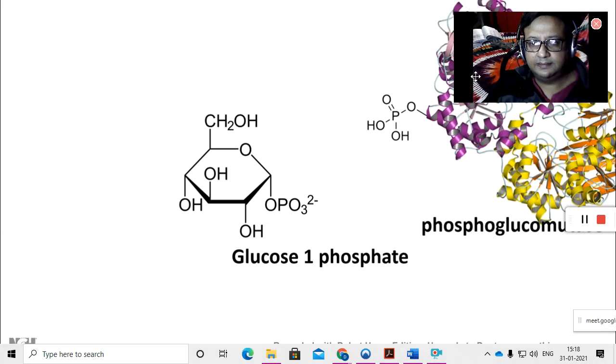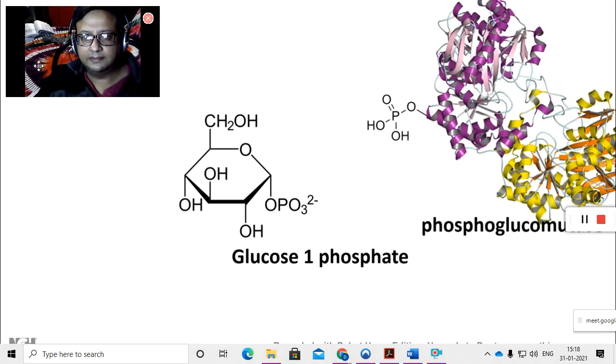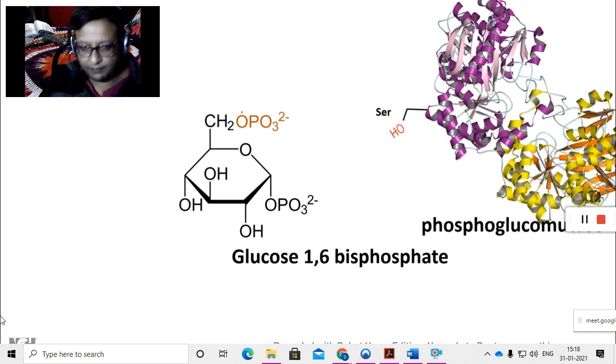Now phosphoglucomutase has a phosphate group. Now this phosphoglucomutase is getting a nucleophilic attack from the oxygen which is attached to the carbon number 6 in the glucose 1 phosphate, and as a result it is forming a transient intermediate known as glucose 1,6 bisphosphate and forming a serine residue instead of a phosphoserine residue in the phosphoglucomutase enzyme catalytic site.